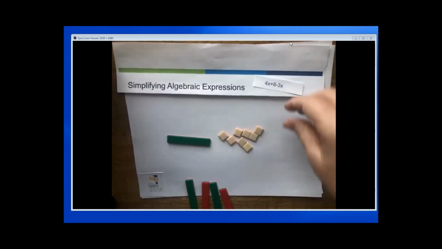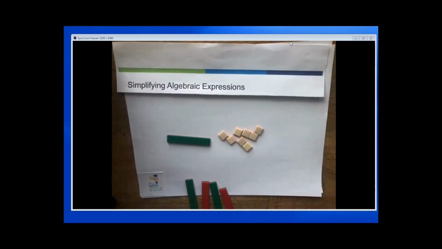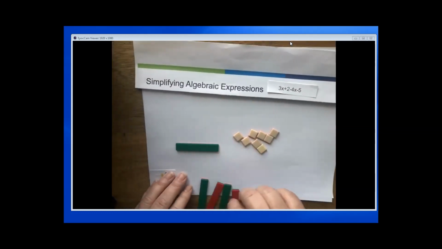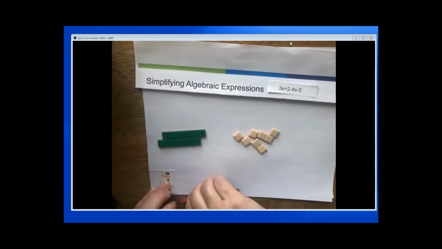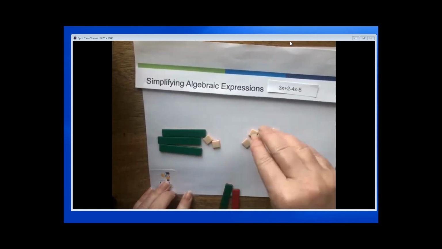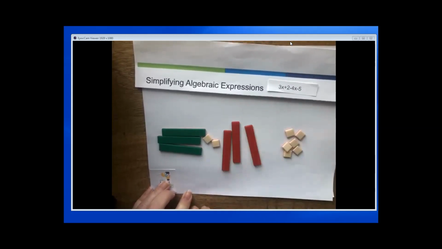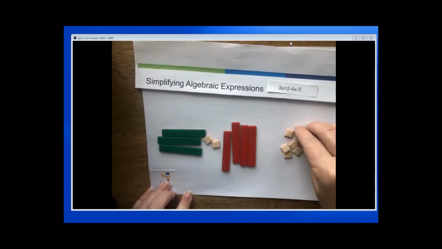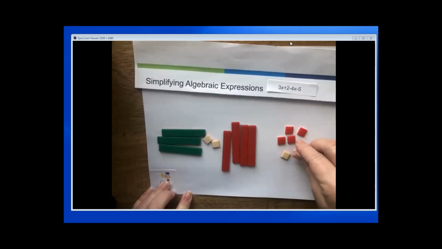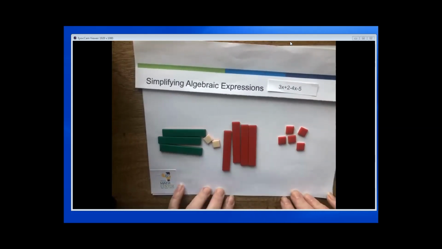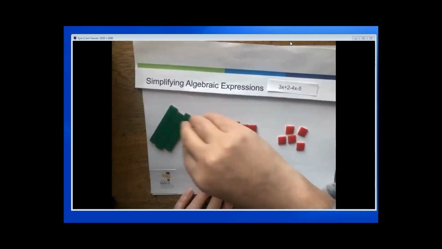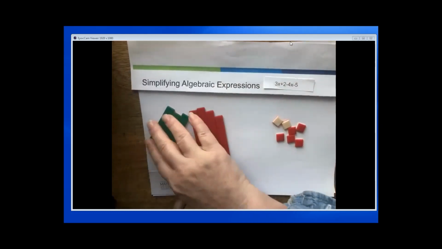Let's try one more. 3x plus 2 minus 4x minus 5. Very easy to see what my like terms are.